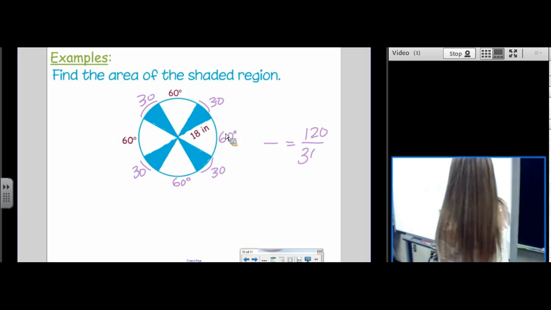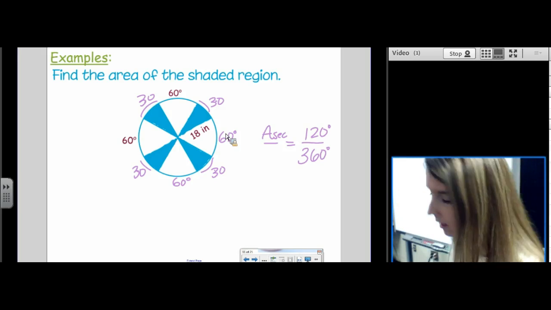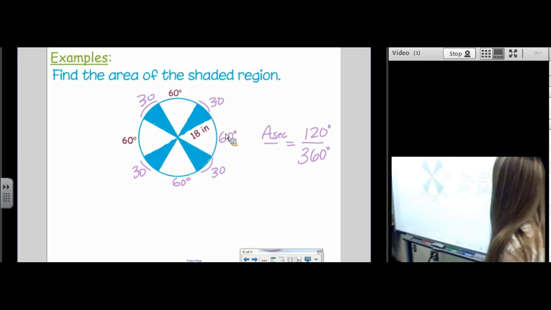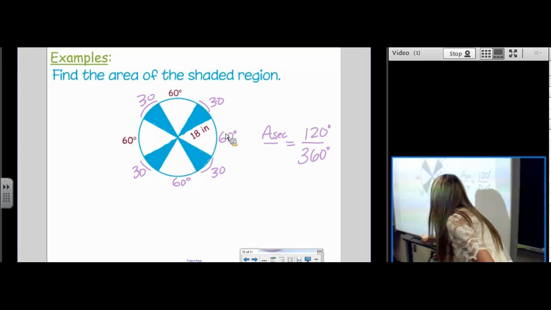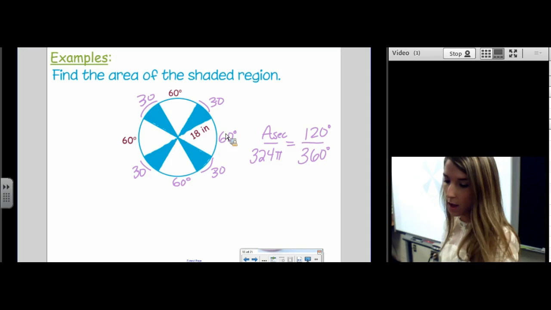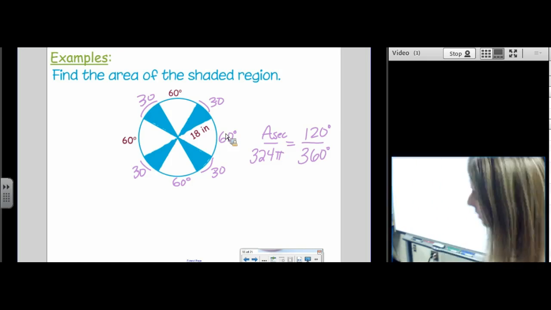We don't know the area of the sectors, but we do know the area of the circle. We just have to take 18 and square it, and we get 324 pi. So now we will cross multiply: 120 times 324 divided by 360.